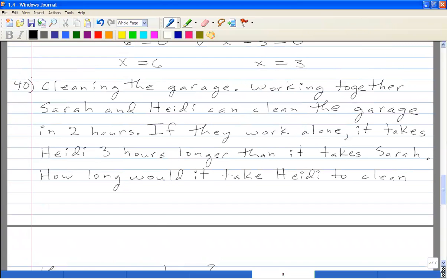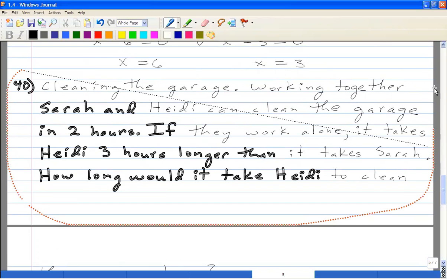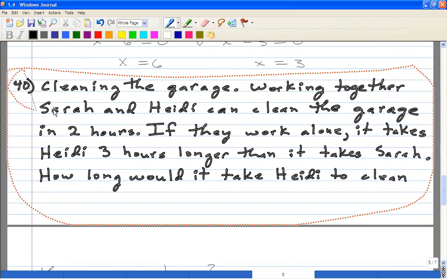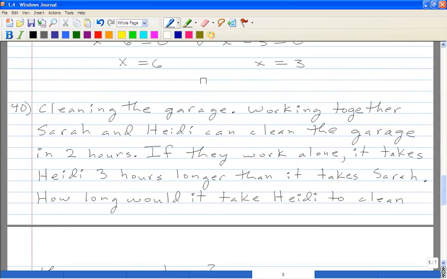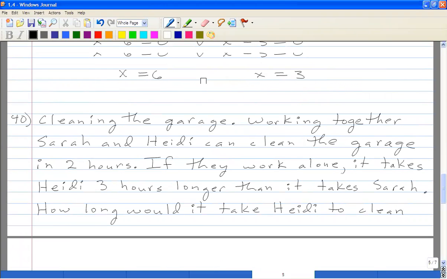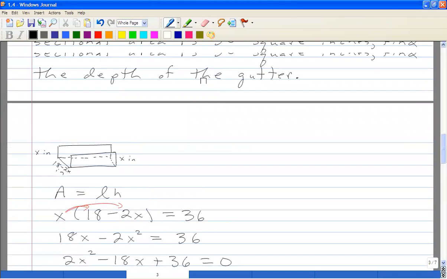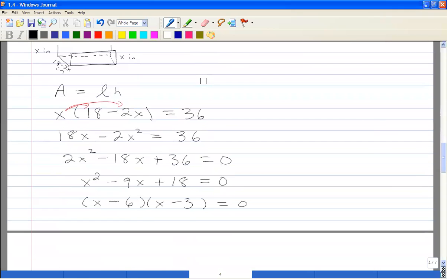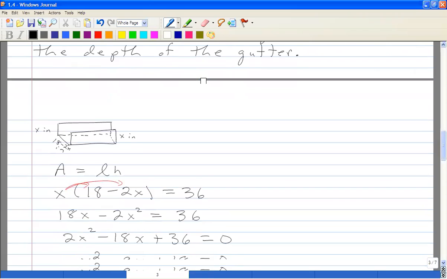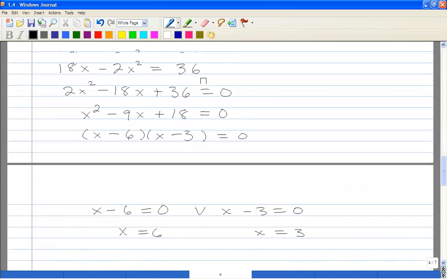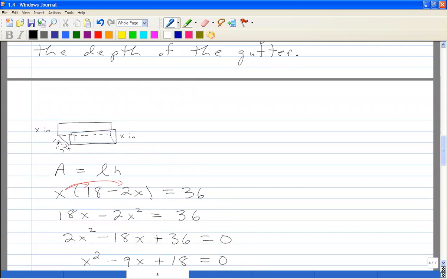So let me pull this down. So I have that, well, what is the depth? So we need to find the depth of the gutter. Well, you could have, actually 6 would work.